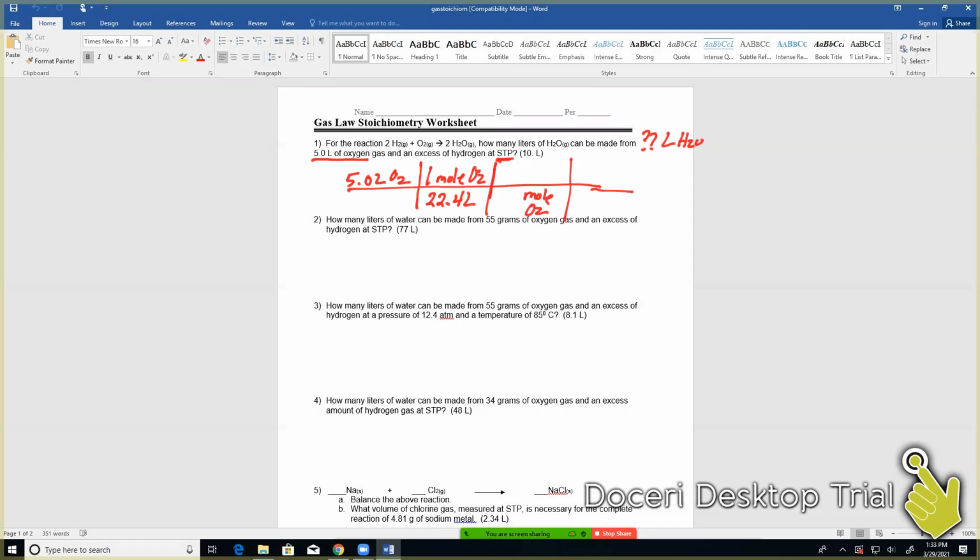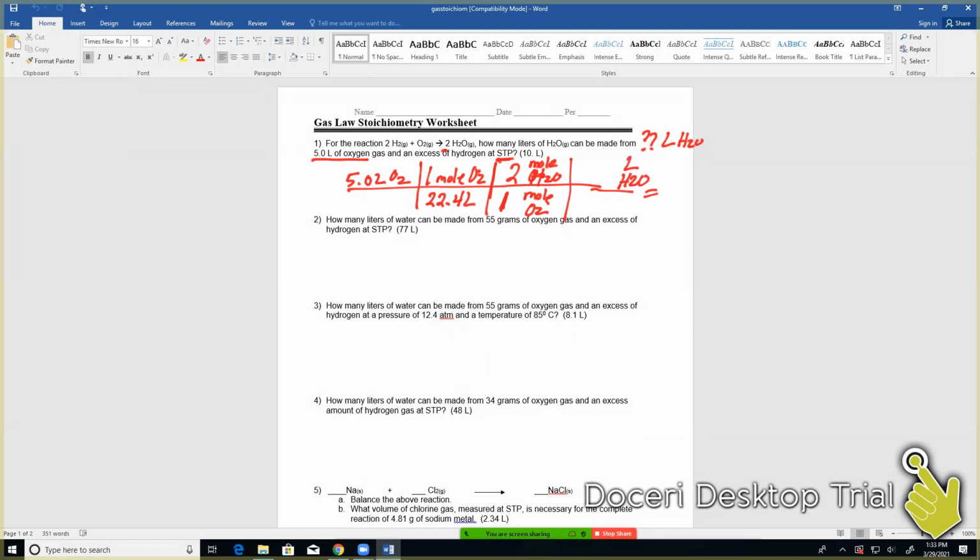I have to have a way to get from my known to my unknown. So this is when I'm going to be using my mole ratio with my coefficients. For oxygen, I have 1 mole, and for water, I have 2 moles. If I stopped right there, I would know how many moles of water, but I don't want moles of water. I want how many liters of water.